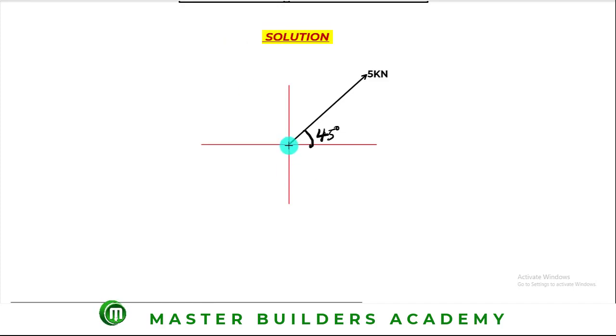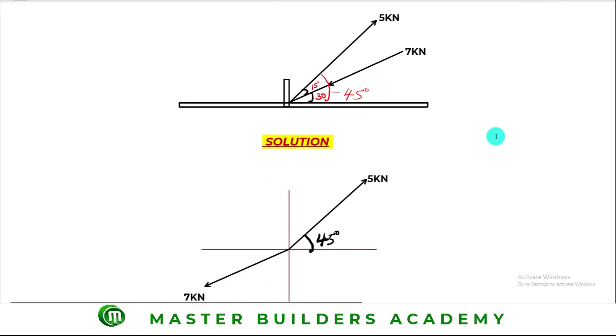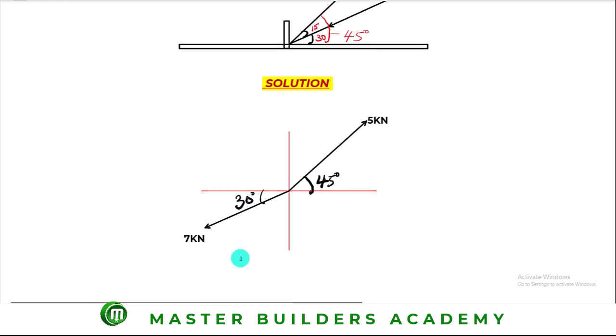Now from the third quadrant, we have this making angle 30 with the horizontal, then we put our 7 kilonewton here. That's good. As you can see here, the angle between 7 kilonewton and the horizontal axis is 30. So we can put this like this here.